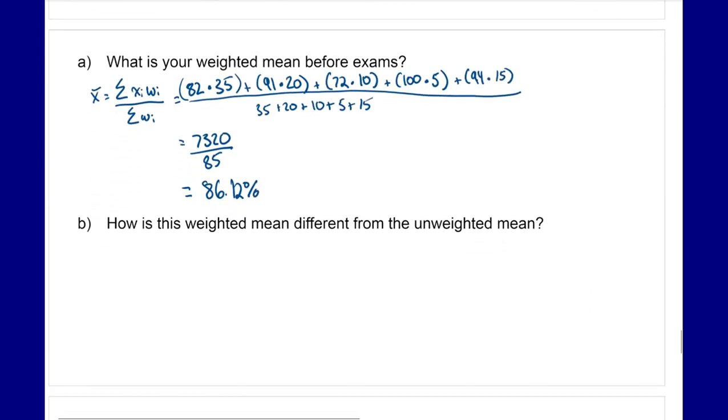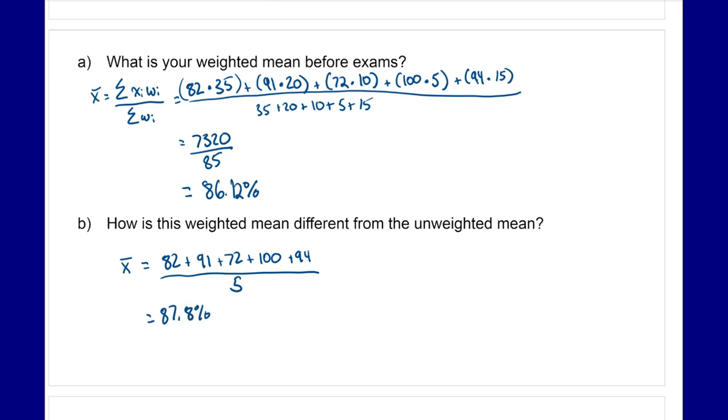Now, how is this weighted mean different from the unweighted mean? How would this be different if we didn't include weight? In this case, we would just do 82 plus 91 plus 72 plus 100 plus 94 and divide it by 5, because there are 5 different categories, 5 number values. We'd end up with 87.8% for the unweighted average.